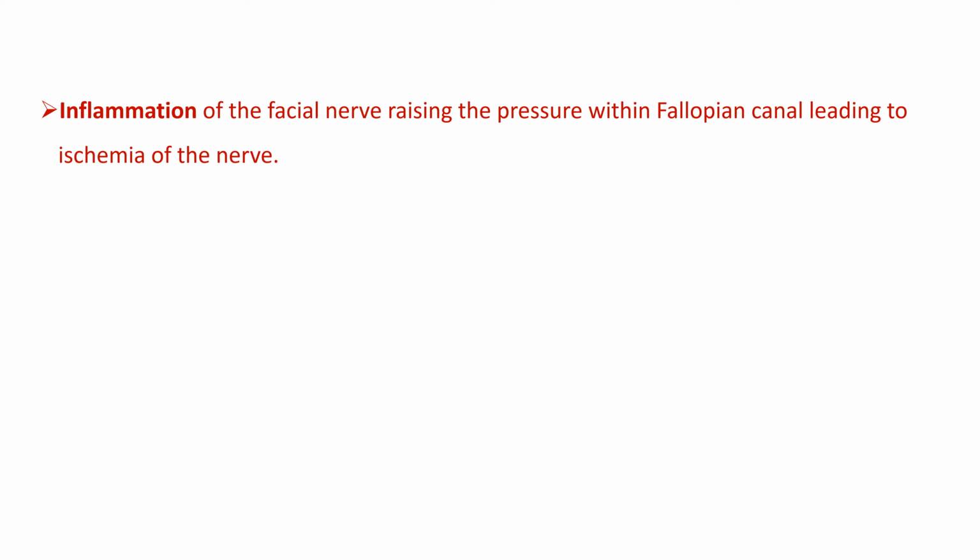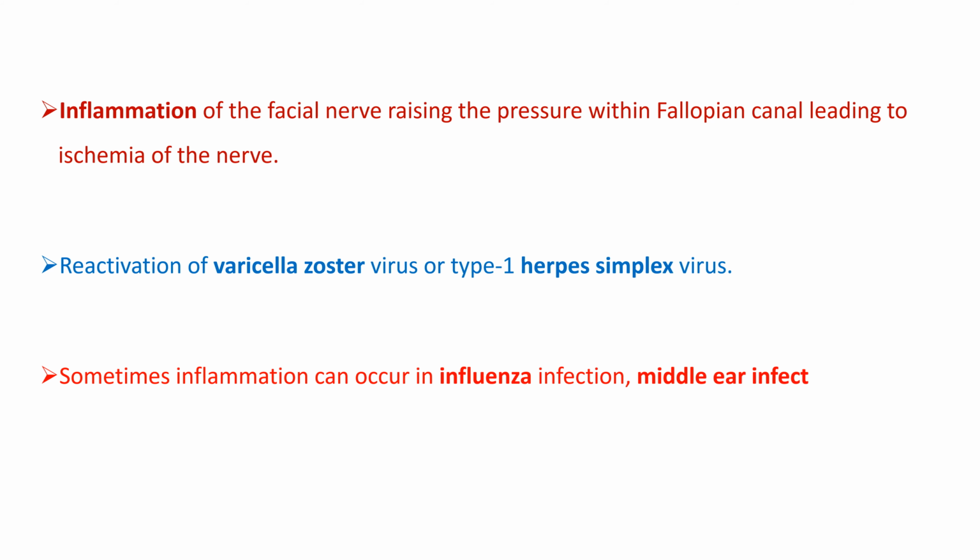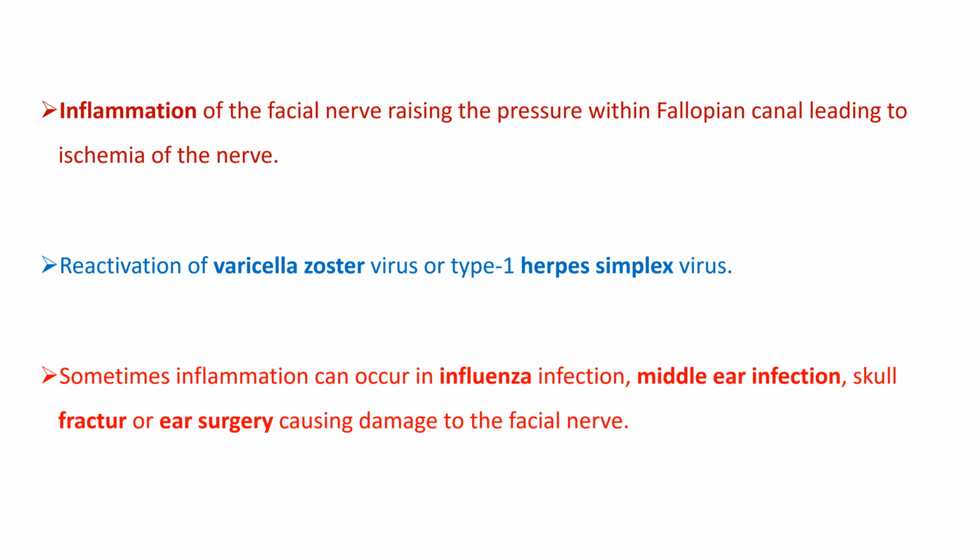Such an inflammation can be commonly caused by reactivation of varicella zoster virus or type 1 herpes simplex virus. Sometimes inflammation can occur in influenza infection, middle ear infection, skull fracture, or ear surgery causing damage to the facial nerve. Now we will move on to clinical presentation of Bell's palsy.